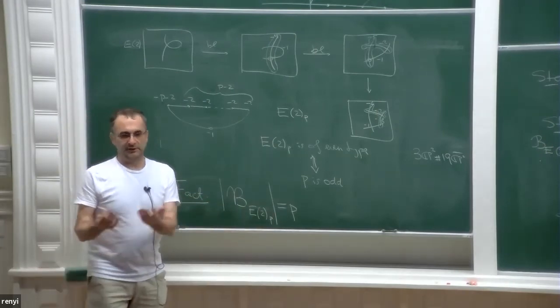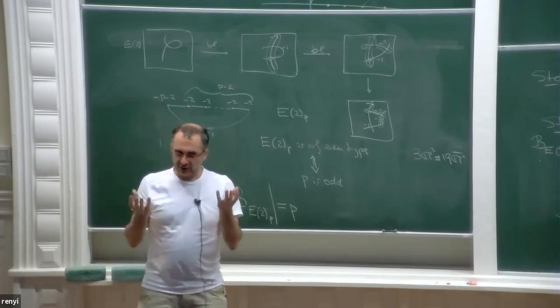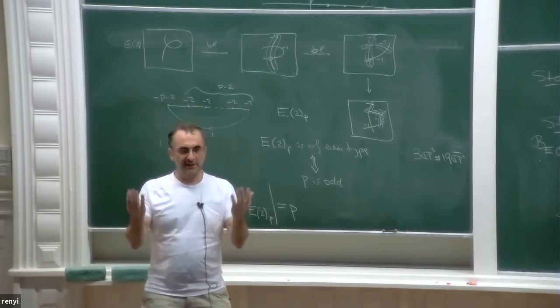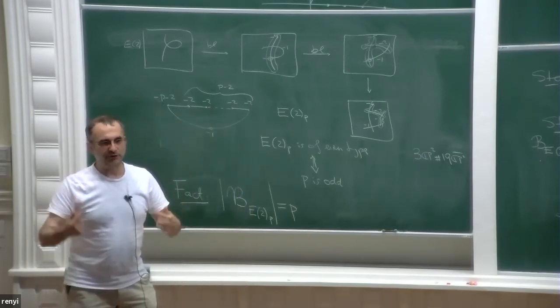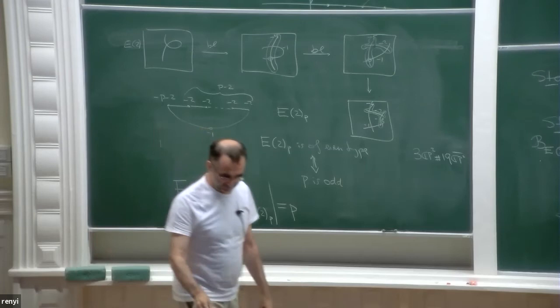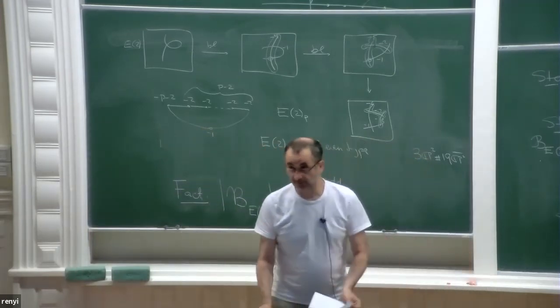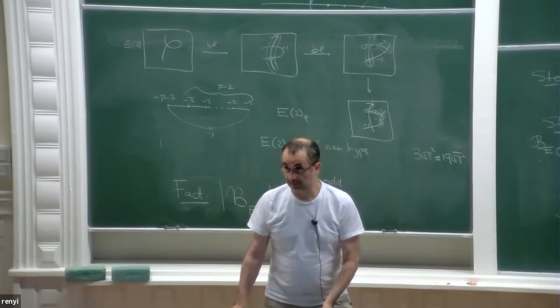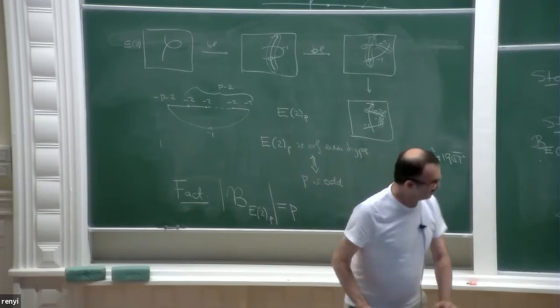Freedman's theorem tells you that they are all homeomorphic. So now we have two infinite families with the promised properties that they are all homeomorphic, but pairwise not diffeomorphic. Any questions? Let me just go on.